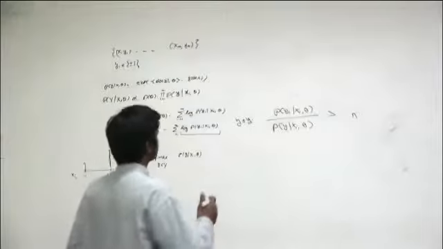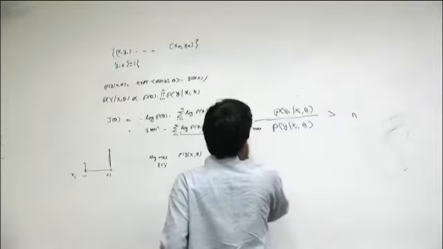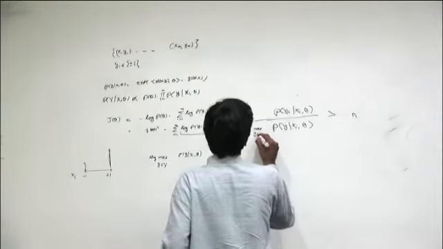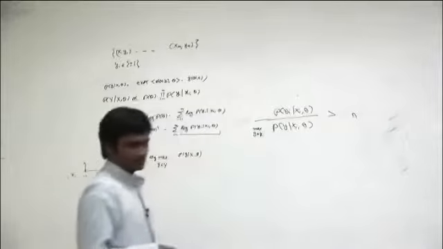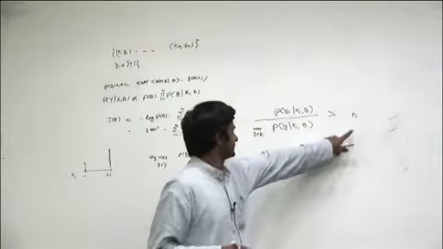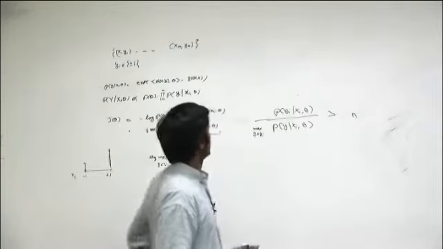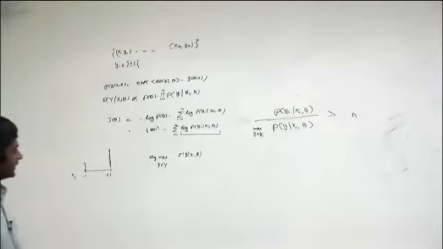Or you can say this is the same as this, for y not equal to yi. For all possible classes, this must be true. If this is true for all possible classes, it must in general be true for the max over y not equal to yi.